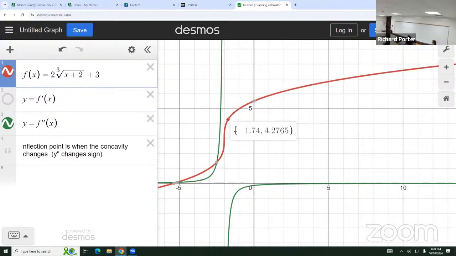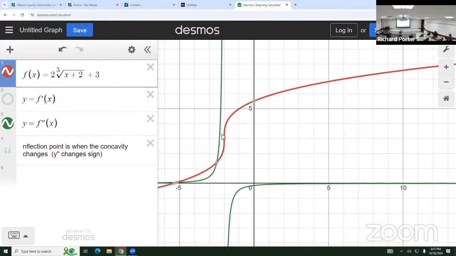Looks like an N. So what is happening at that critical point, where the second derivative is not defined? It went from up to down. So the concavity changed. And what happens when concavity changes? You have an inflection point.